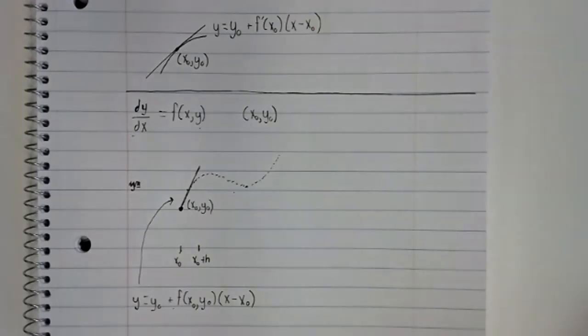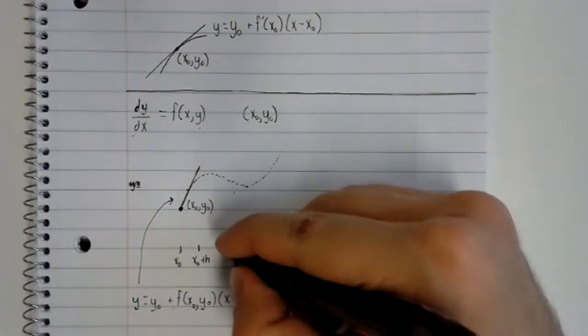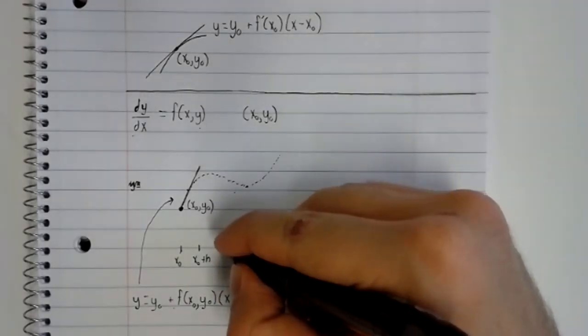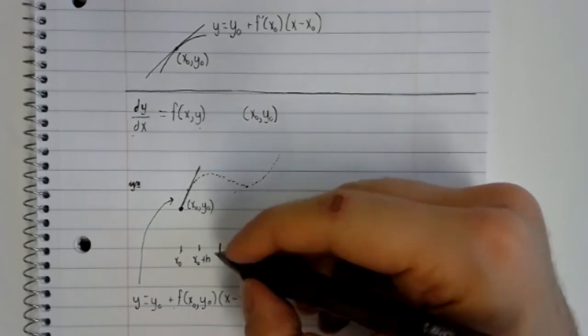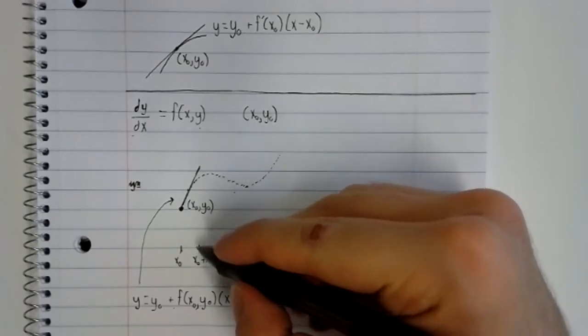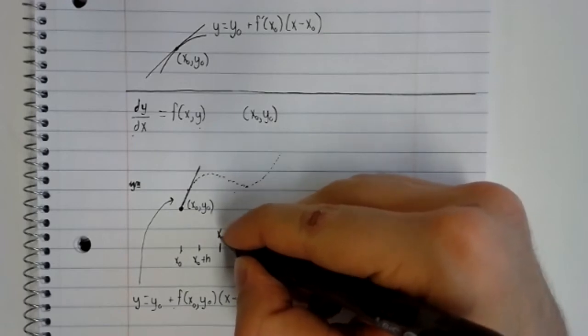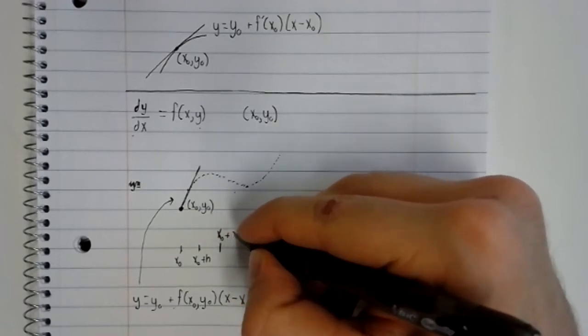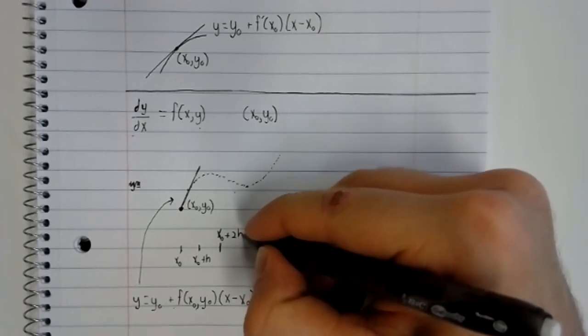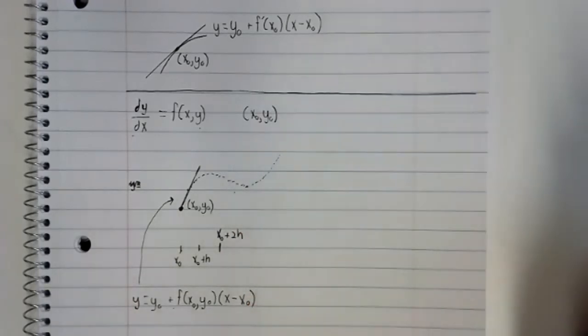Let's build up our approximation. In particular, let's approximate y on x sub 0 plus h to x sub 0 plus 2h.